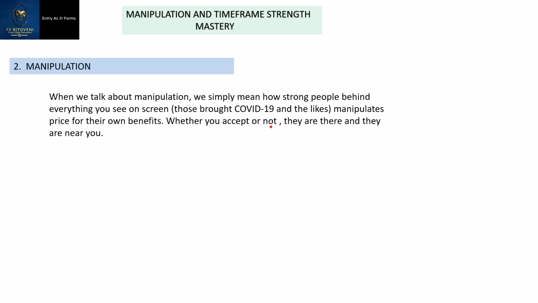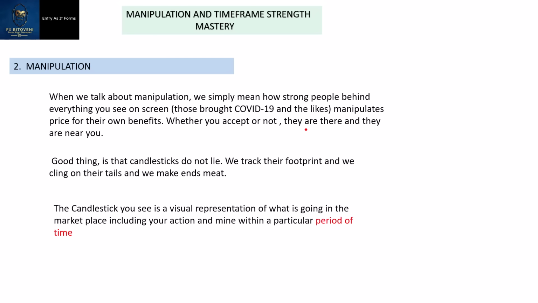Whether you accept or not, they are there and they are near you. That's the fact. The good thing is that candlesticks do not lie. We track their footprints and we cling on their tails and we make ends meet.